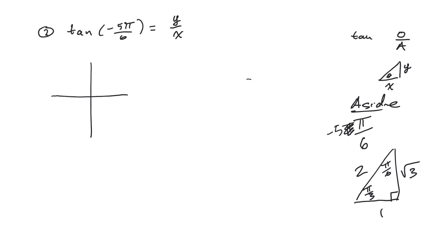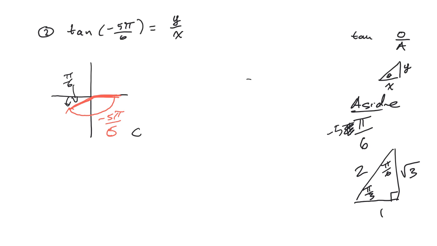So you start with your initial arm, and we have to go negative 5/6 this way, right? So if I go negative 5/6 this way, negative 5 pi over 6, that means that inside this angle here is an acute angle of pi over 6.